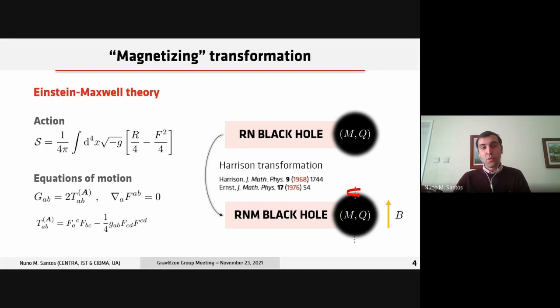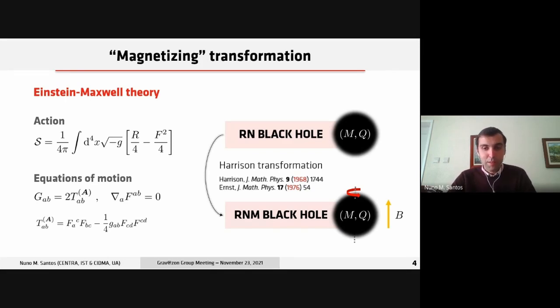It is possible to immerse any asymptotically flat stationary solution of Einstein-Maxwell theory in a uniform magnetic field by means of a solution generating technique called the Harrison transformation. Some people call it the magnetizing transformation because it immerses another solution into a magnetic field.